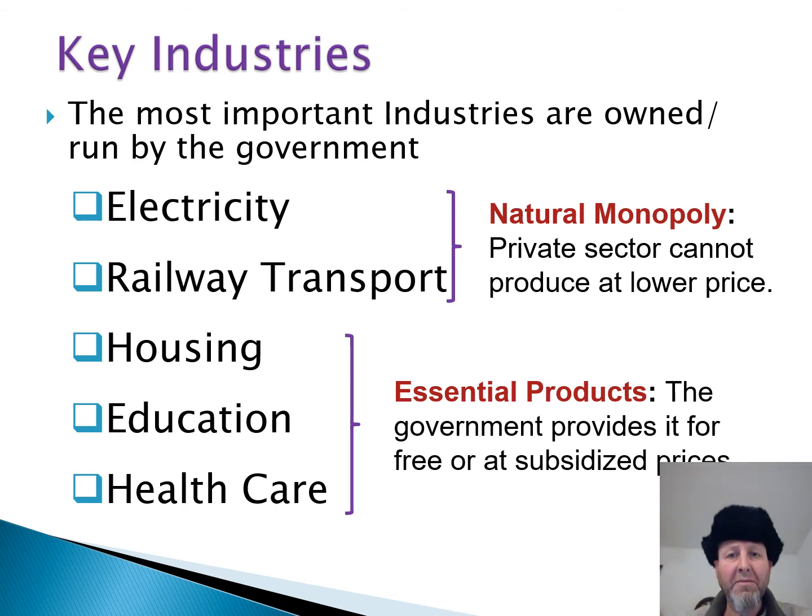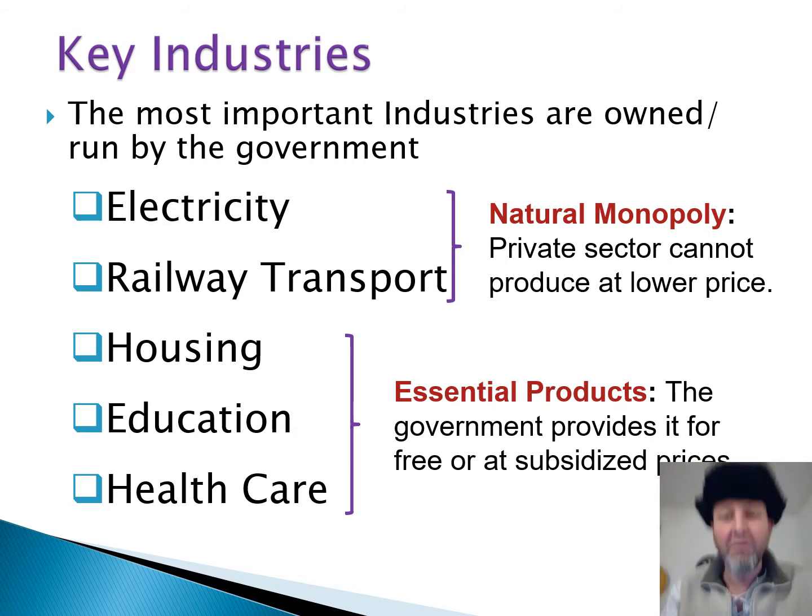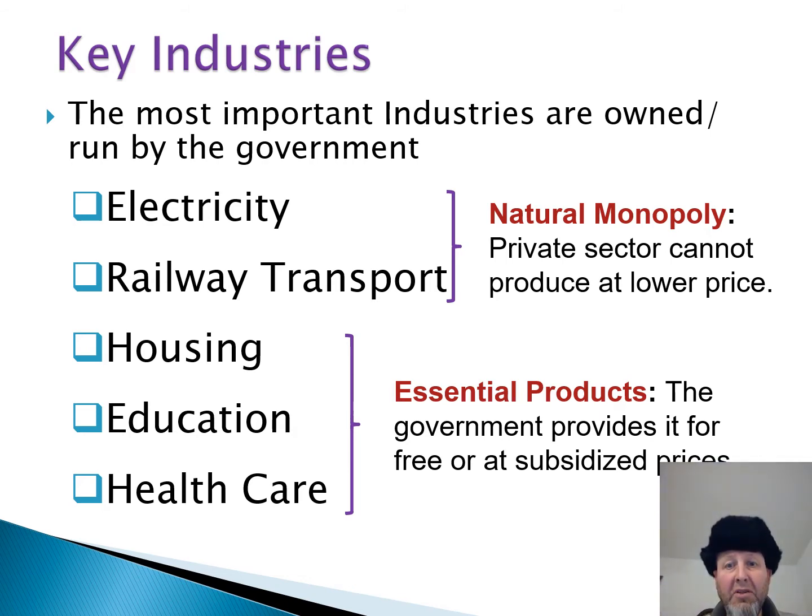Key industries. The most important industries are owned and run by the government in a lot of lands. Electricity, railway, transport could be considered natural monopoly. Private sector cannot always produce at low prices that match a state monopoly. Housing, education, and healthcare. These are essential products.